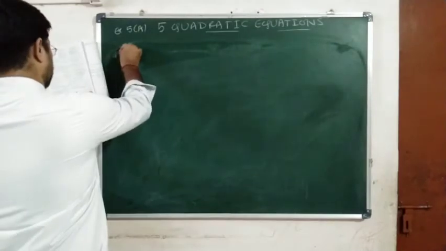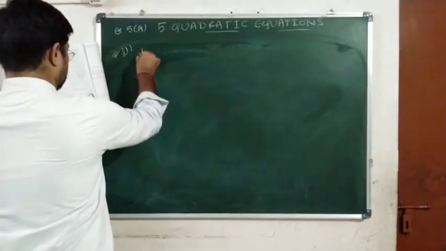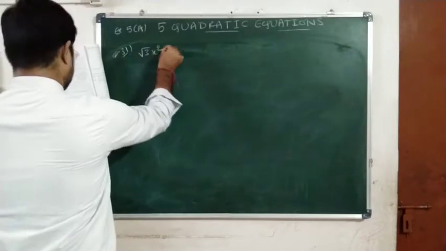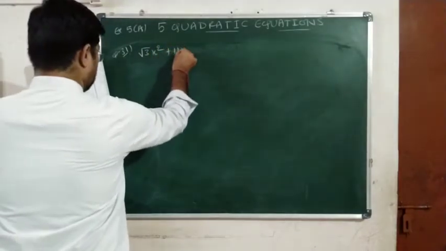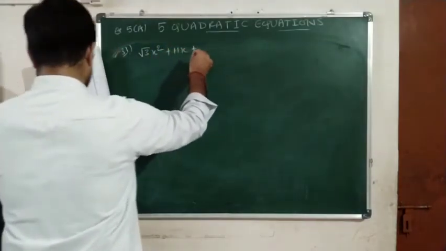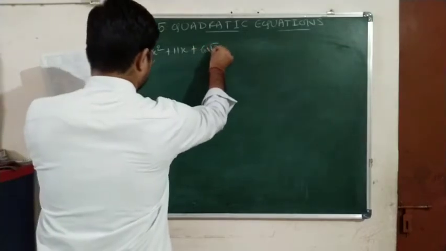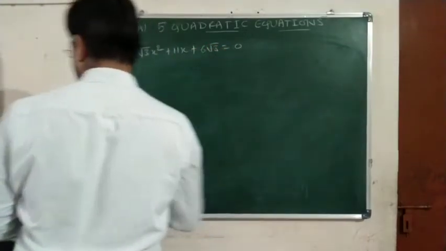Okay, now let us start question number 31. Root 3x square plus 11x plus 6 root 3 is equal to 0.